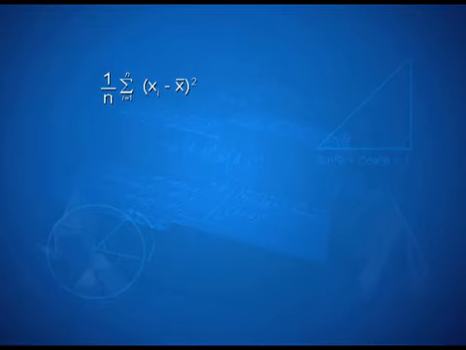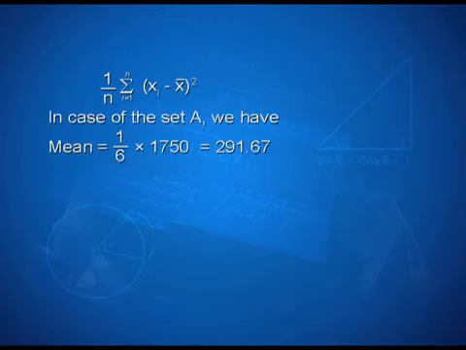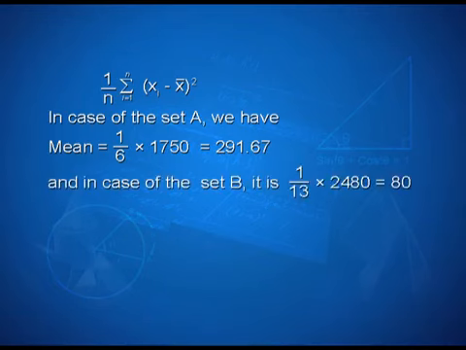that is, we take 1 upon n into the summation, i varying from 1 to n, of (xi minus x bar) whole square. In case of set A, the mean is equal to 1 upon 6 into 1750. That gives us 291.67, and in case of set B, it is 1 upon 31 into 2480, that gives us 80.